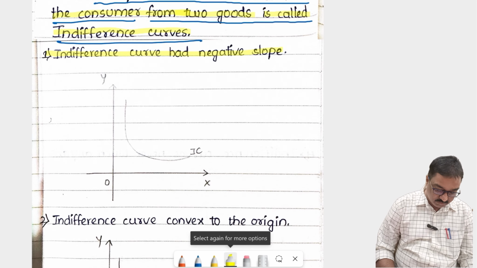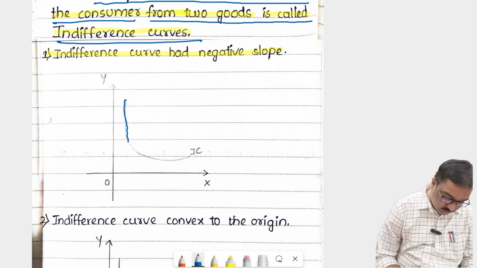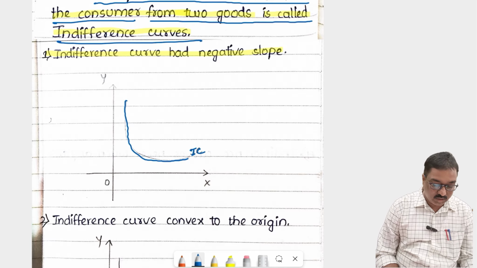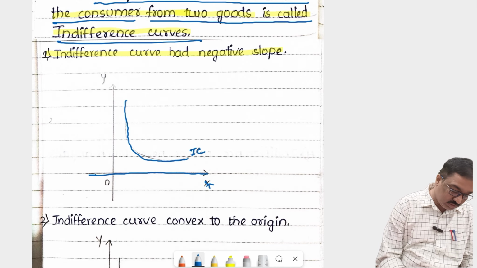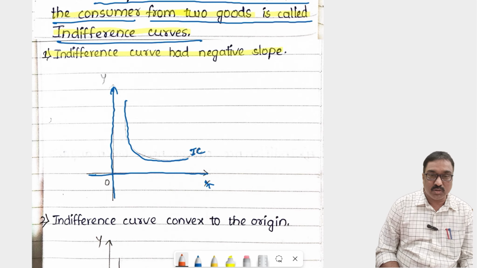Listen here. Negative slope means that the indifference curve goes from left to right downwards. This is the x-axis, this is the y-axis. Indifference curves always have a negative slope.